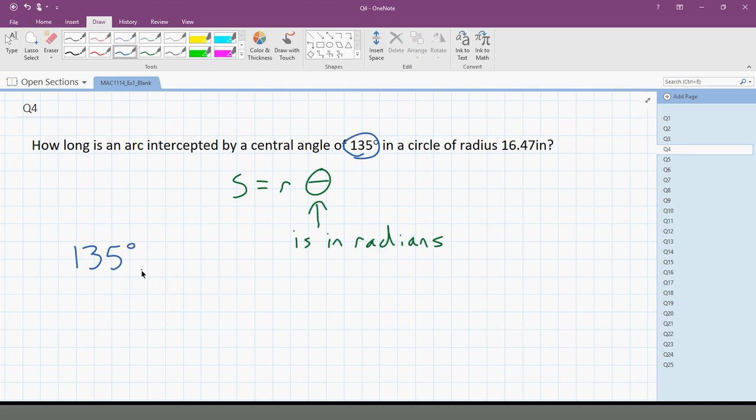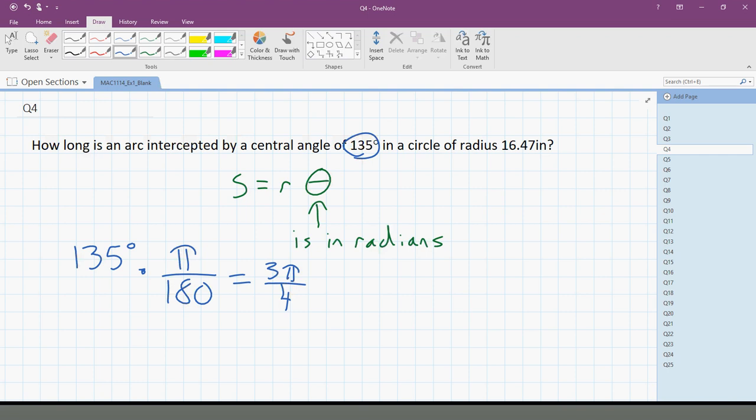Yeah. So if you want to convert this to radians, slap 180 degrees on the bottom and put the pi on top and multiply. So when you reduce your fraction 135 over 180, you should end up with 3 pi over 4. Because the 135 over the 180 reduces to 3/4.